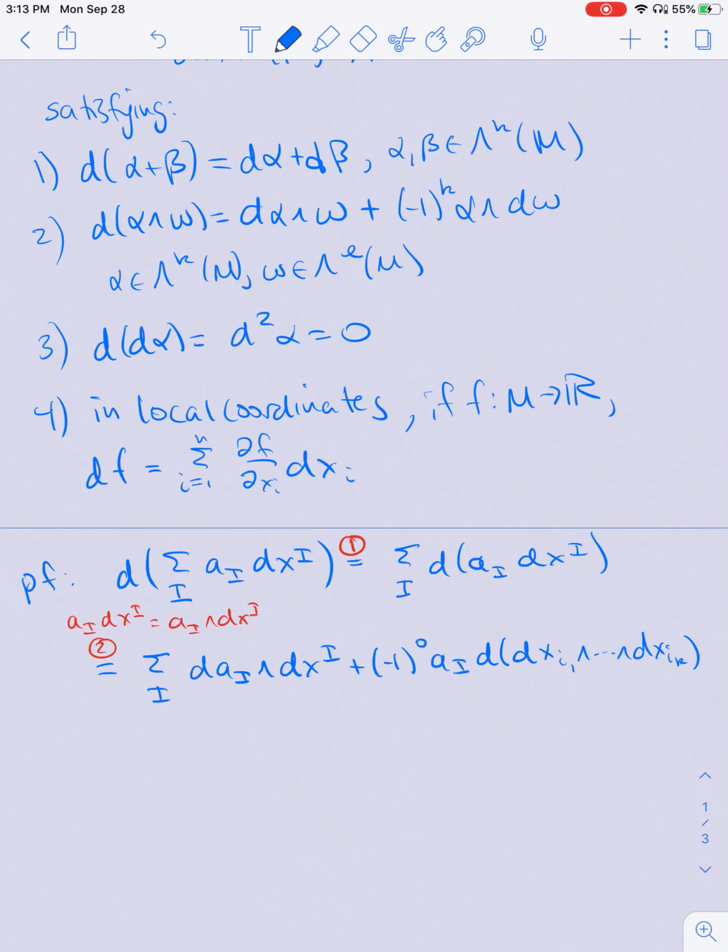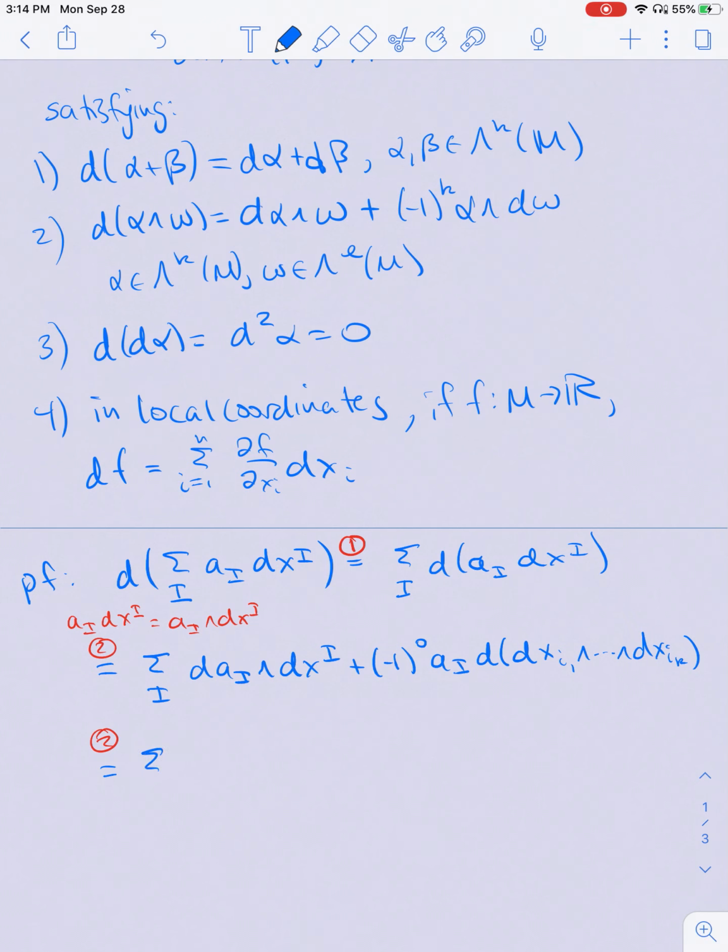Okay, so now what I'm going to do is take this second property and apply it multiple times. So this is just by applying property 2 again and again.